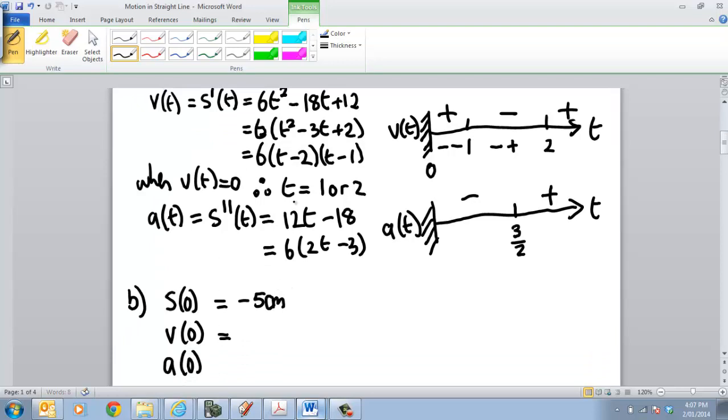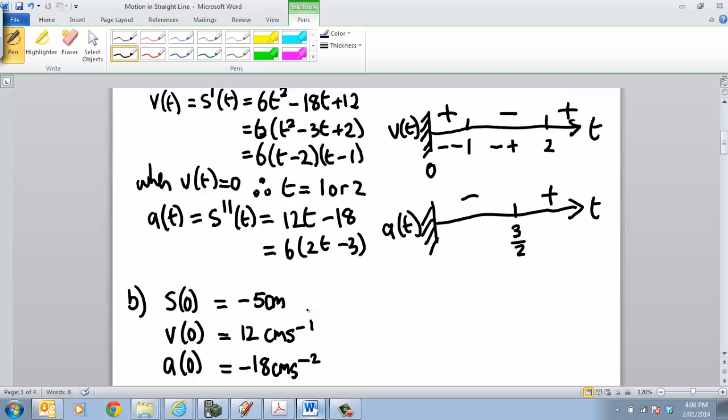V of 0 is going to be 12 centimetres per second. And A of 0 is going to be negative 18 centimetres per second squared. That one there, sorry, is wrong. It should be to the minus 1. So it's 12 centimetres per second.